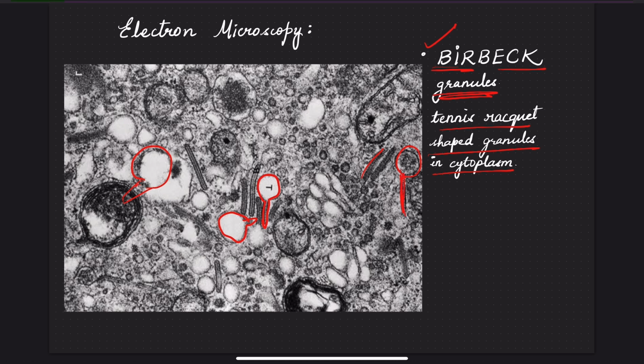They are diagnostic of Langerhans cell histiocytosis. Don't confuse these granules with tennis racket cells, which are seen in embryonal rhabdomyosarcoma. These are the granules, Birbeck granules or tennis racket granules, seen in LCH.